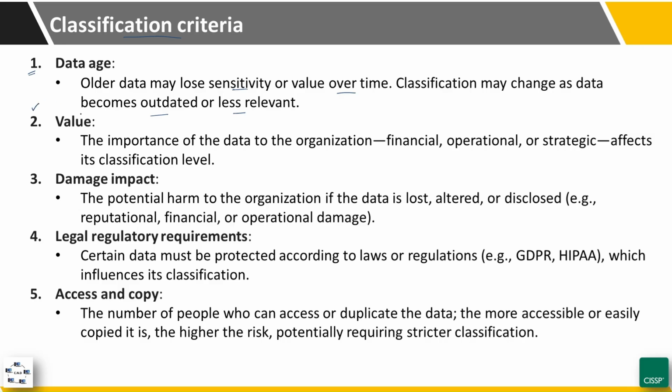Next is, of course, the value. The importance of data to the organization, whether financial, operational, or strategic, affects its classification. This is the most important one. The more value the data has to the organization and its business, the higher the classification level the data will get.